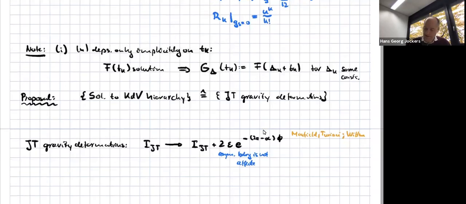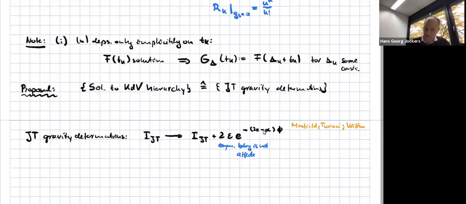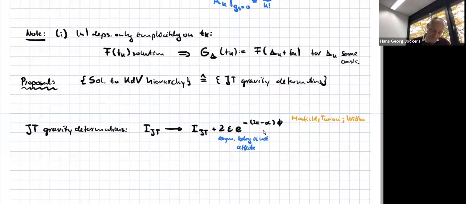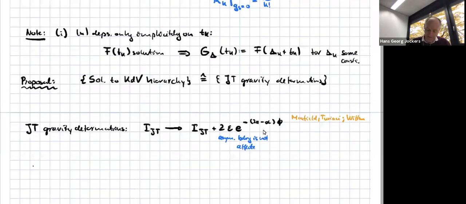So if you add this particular term to the action, then what you find is that this modifies the constraint that came from the equation of motion with respect to phi. So before we said we had a constraint that the curvature had to be set to -2. So this is now modified in the presence of this term in the following fashion.